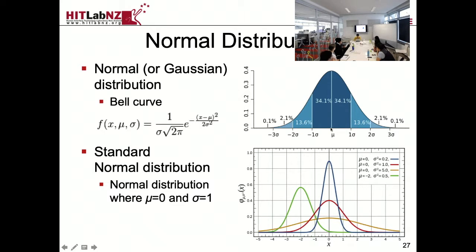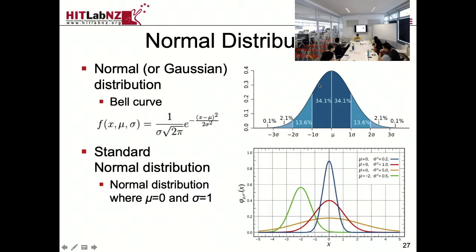So the total is 68% of the observations in the distribution falling between +1 and -1 standard deviation from the mean. And if we look at this side and this side, the area is getting narrower, right?